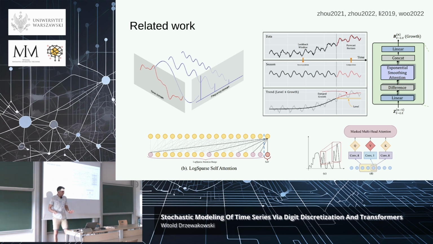A couple of words about what has been done in this domain. What's important to understand is that the progress in time series has not been as fast as in other domains like language or vision. In the usage of deep learning, I would say that time series are closer to what happens in tabular data, right?